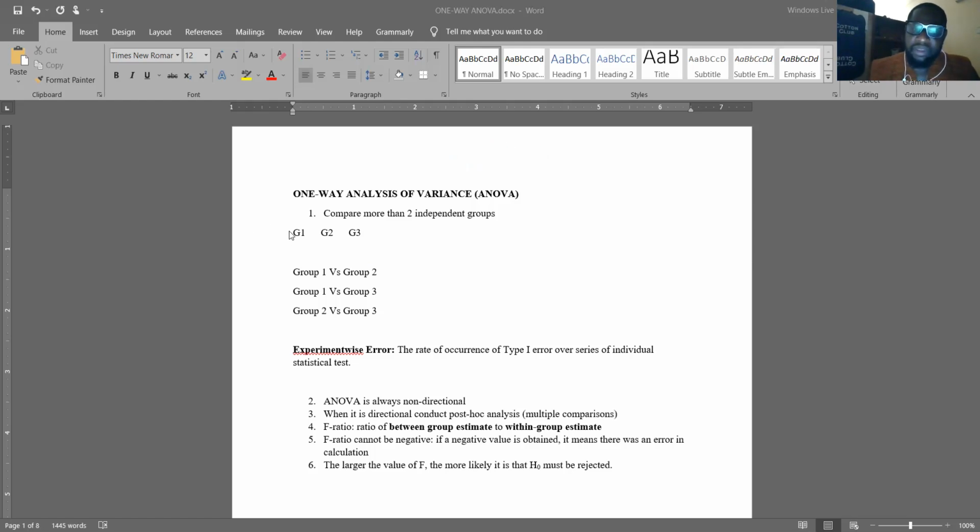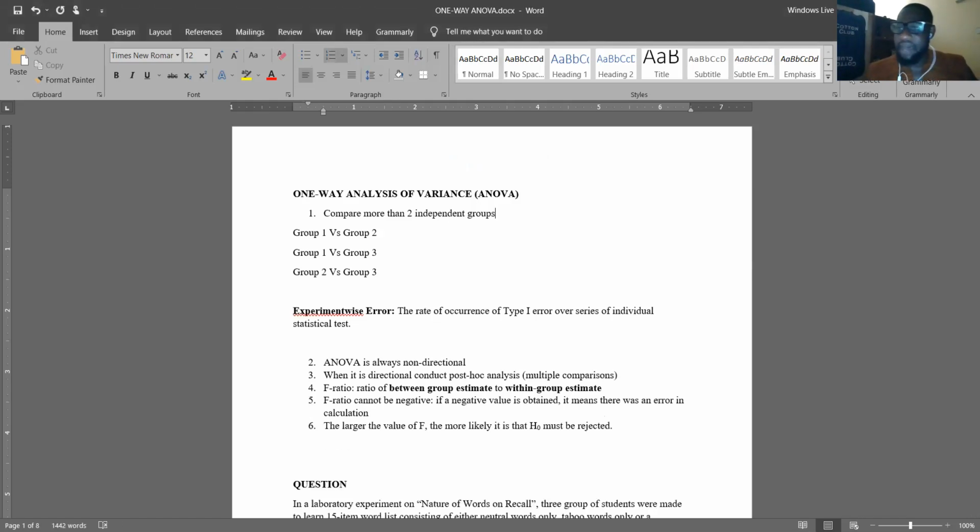So before we do any computation or solve any question under one-way ANOVA, there are certain assumptions we need to know. First, as I indicated, with one-way ANOVA, we compare more than two different groups.